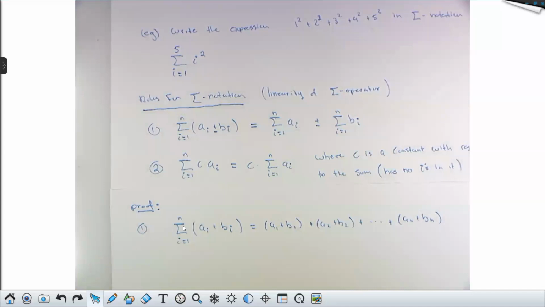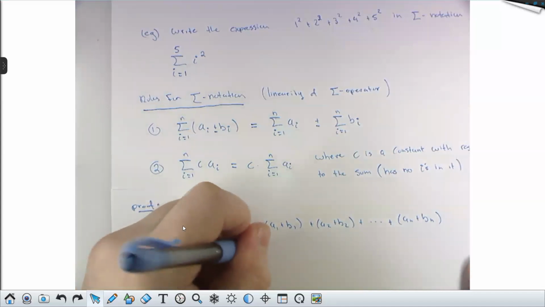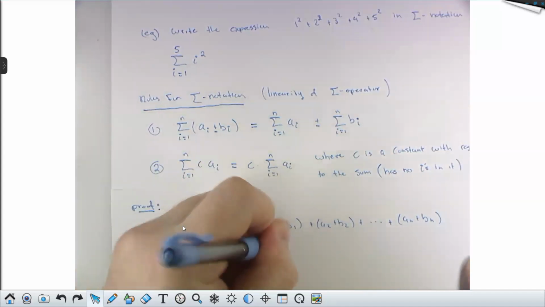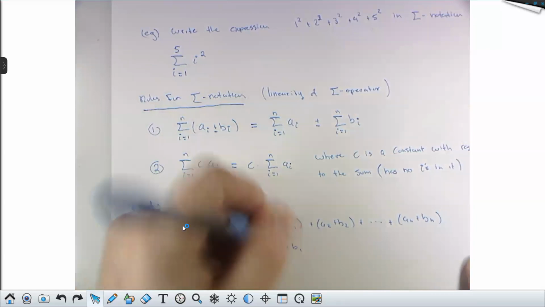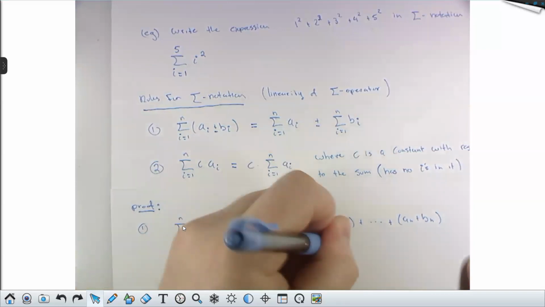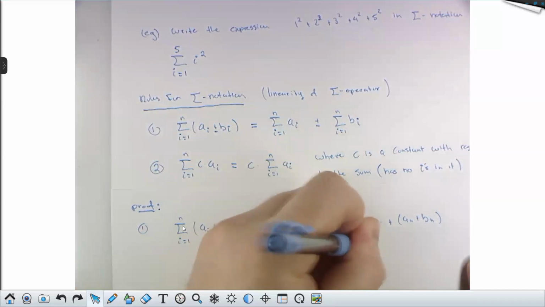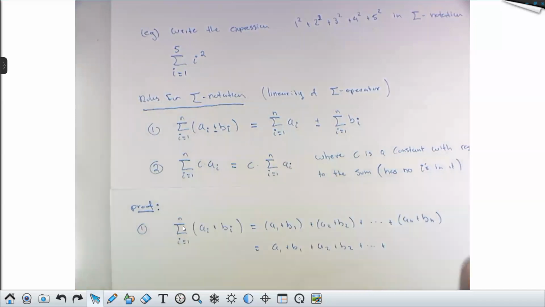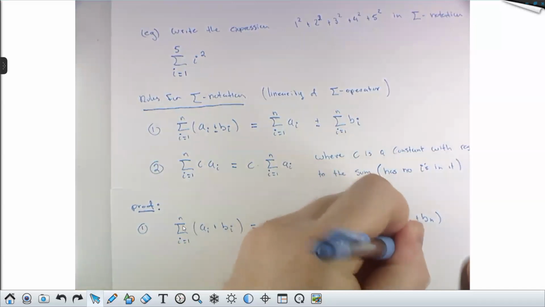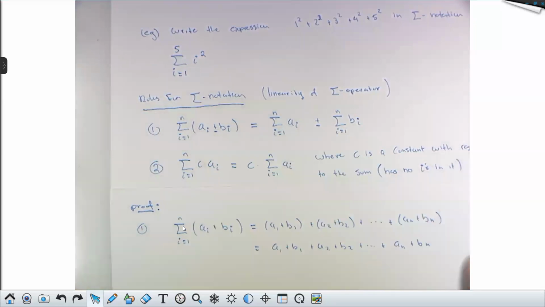But you know that addition is associative, so these parentheses can go away. This is a1 plus b1 plus a2 plus b2 plus the next term would have been a3 plus b3, and we're going to go all the way out to an plus bn.